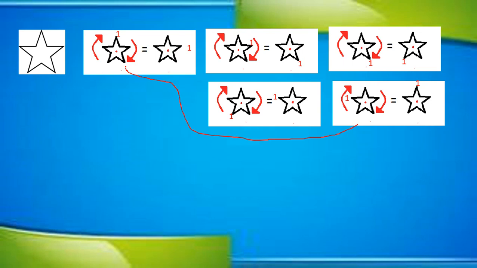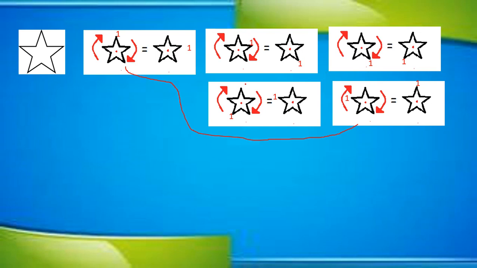So I want to give you the concept that when any figure rotates, after the rotation it looks exactly as it was previously. In all these images, the star is the same, in the shape of a star.